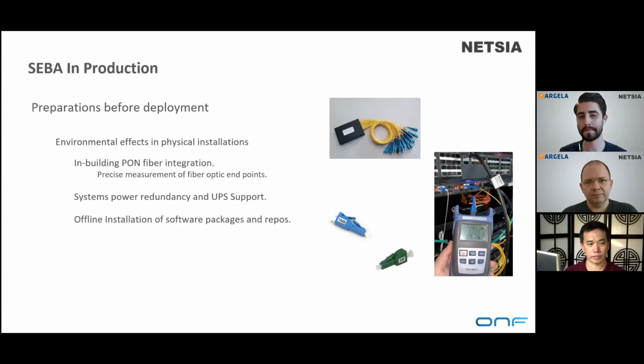Here, my colleague Huseyin is going to present the next ones. Okay. The field is not like the lab. We had to make low-level configuration changes, such as power levels and similar. Considering the threshold dB values of the ONU devices, it's important to divide the fiber splitter inside the buildings and make the design correctly.